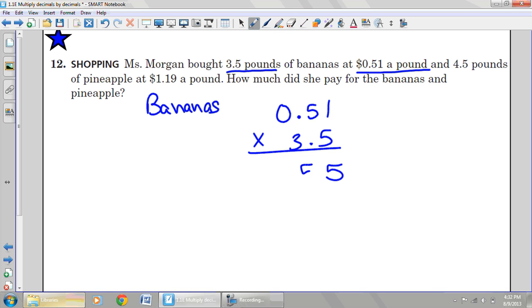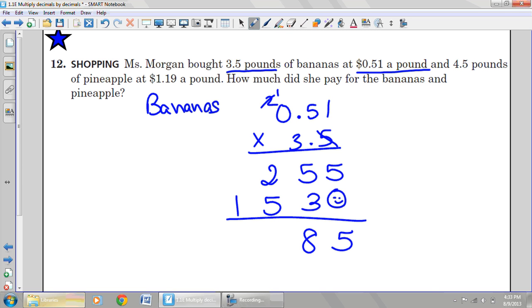5 times 1 is 5. 5 times 0 is 0 plus the 2. I'm done. Happy 0 for that. 1 times 3 is 3. 5 times 3 is 15. 3 times 0 is 0 plus the 1. 5, 8, 7, 1.